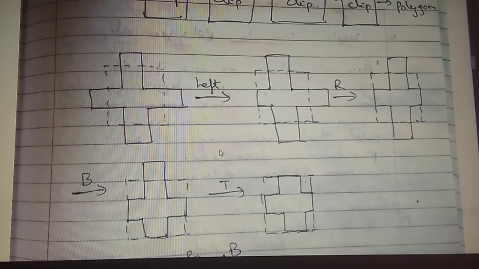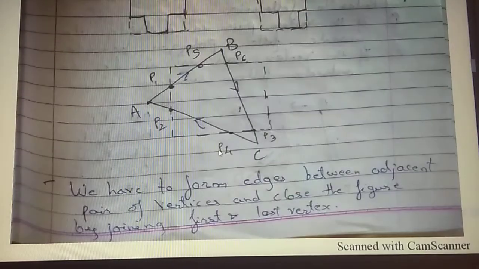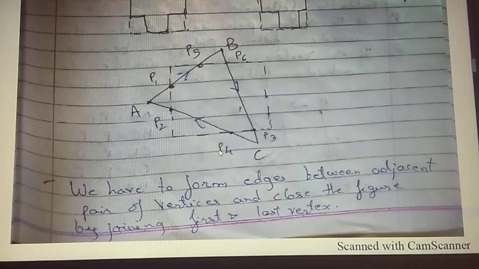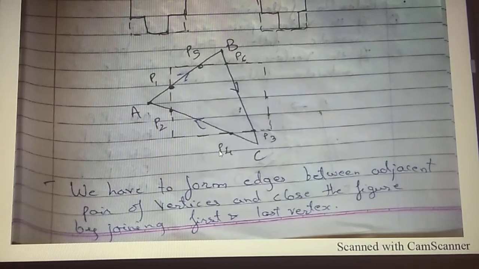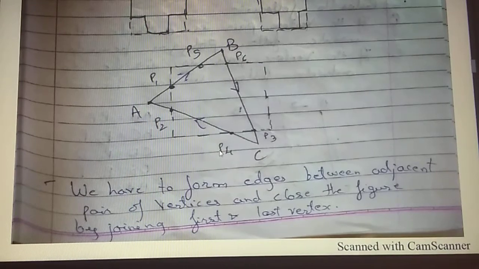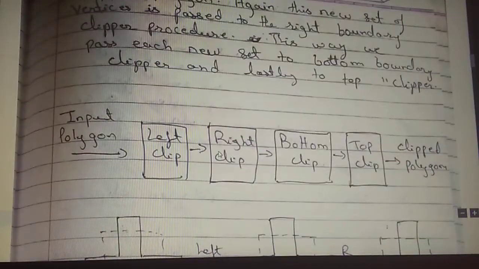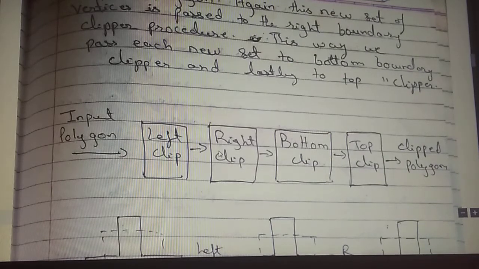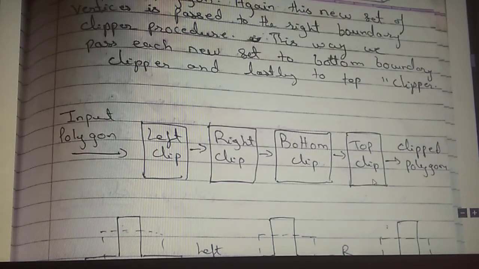So now we'll take this as it is drawn here as an example. We'll start first with the left clip, right? This is the sequence which is to be followed: input polygon, left clip, right clip, bottom clip, top clip, right?